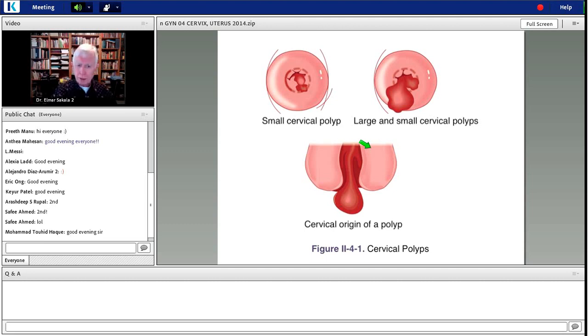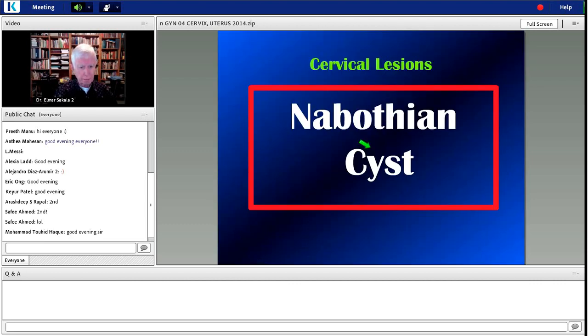It is very vascular because remember, the blood vessels are only one cell from the surface on columnar epithelium, but they are benign. And I showed you previously how you can take this out using a ring forceps, grasp it, and then twist it, and it should be no problem.